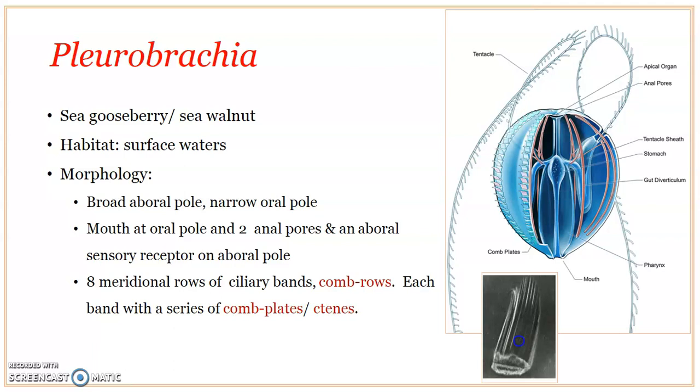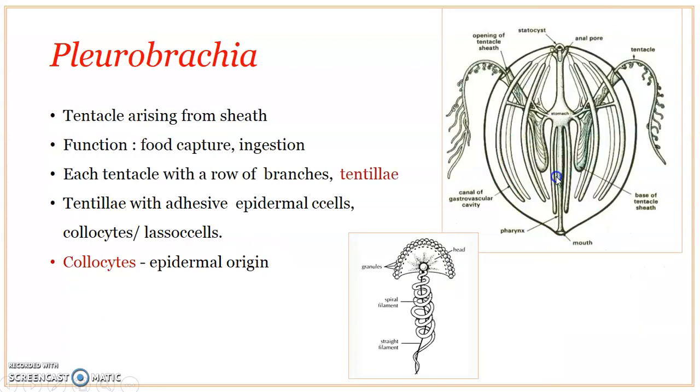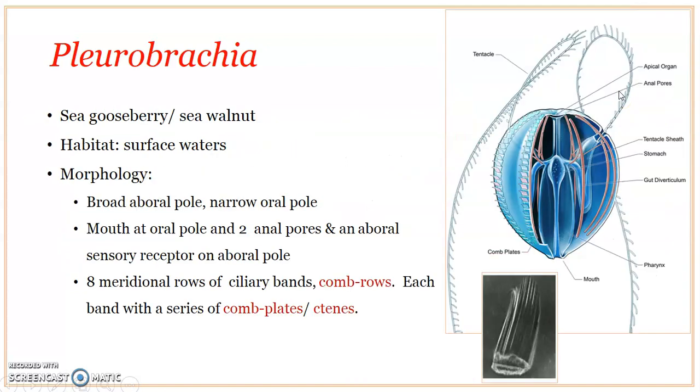or any other ctenophorans. Towards the aboral surface, if you look into the figure, on either side you can see the tentacular sheath. This is a tentacular sheath, and from the base of the tentacular sheath you can see a tentacle emerging out.